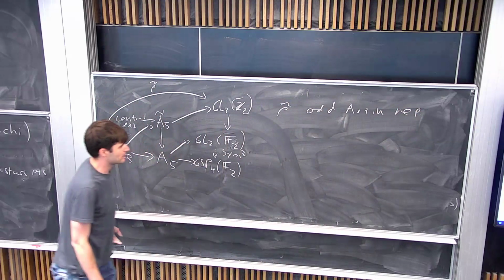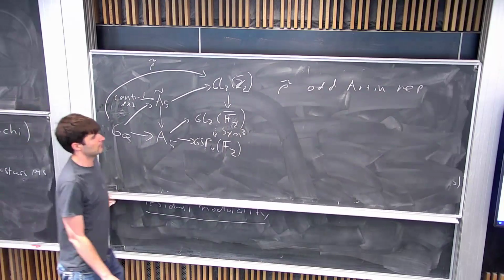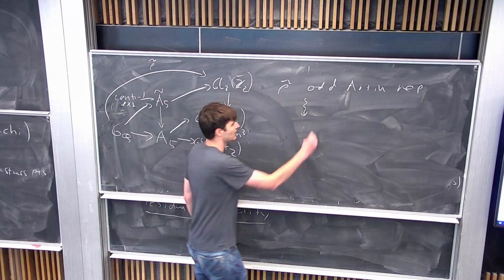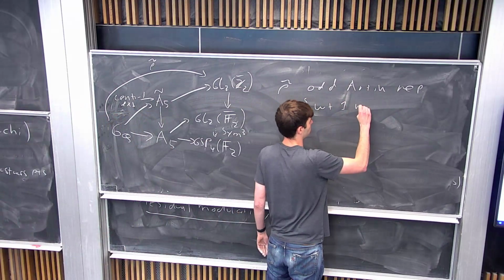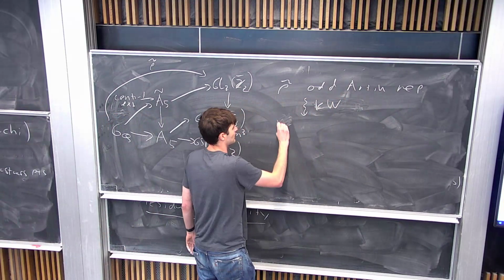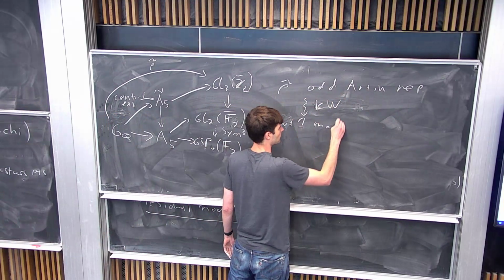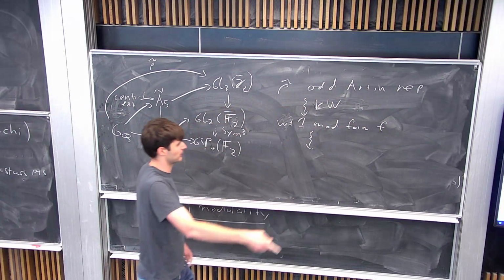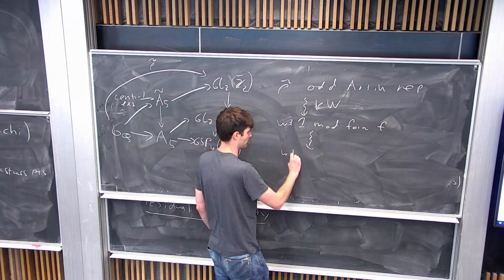Okay, so now what do we do? Well, this gives us modularity of such things, the weight one modular form. This was proved by Khare and Wintenberger. This gives us a weight one modular form. We construct the congruence mod 2 with a weight 2 modular form.